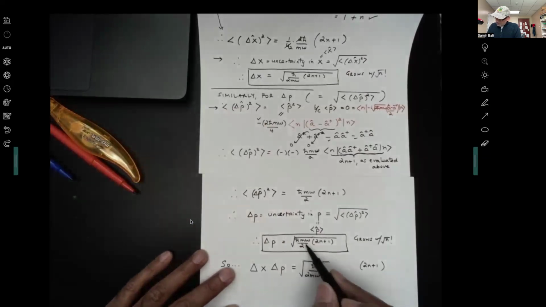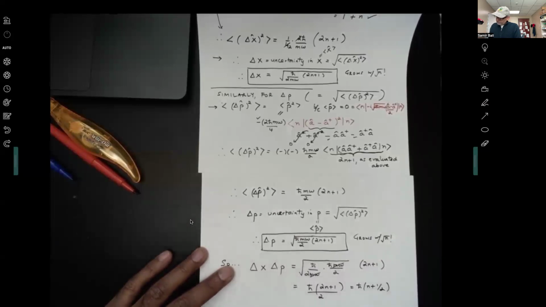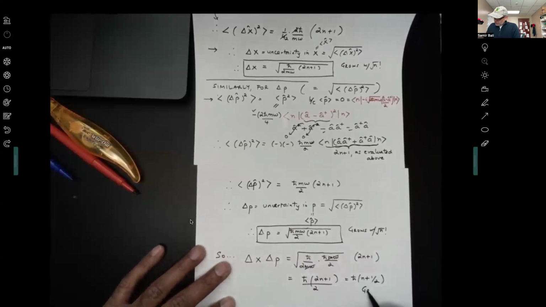But anyway, let's get the other constants in there. Things cancel: you have the m omega and the m omega, and so you're left with h bar over 2. So this grows with n.